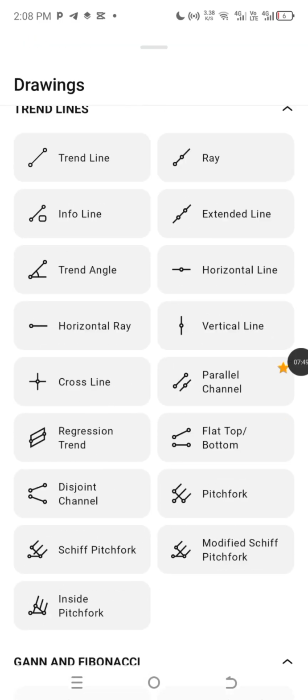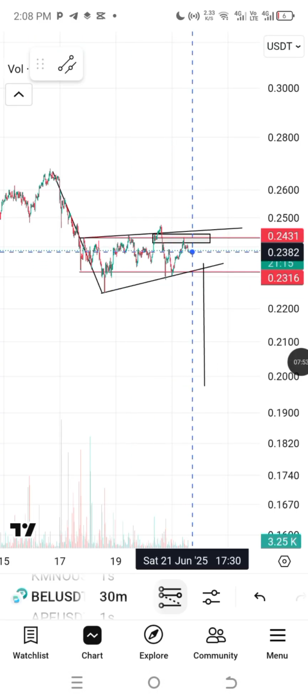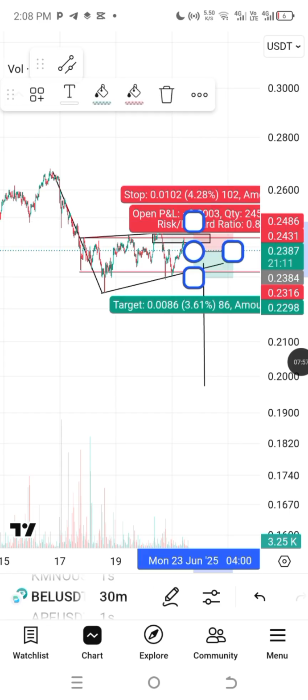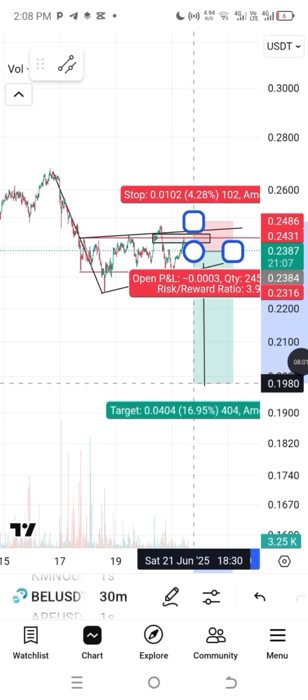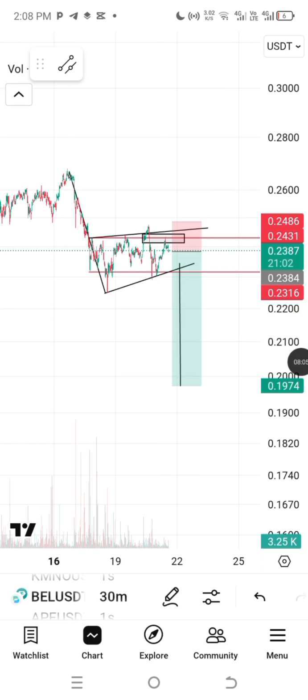So let's see what the risk to reward looks like. Let's put our stop above that zone, drag it all the way down, 1 to 4. Meaning if you are risking $10, you're actually going to be getting $40 on this trade. Now, this is how you catch those very massive moves, guys.